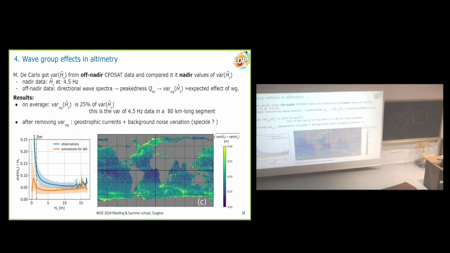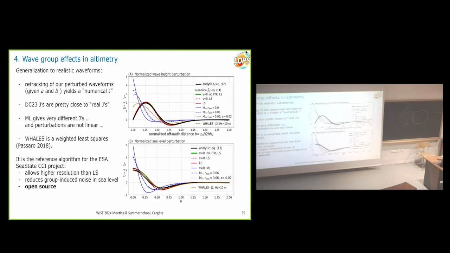You can actually now remove the wave groups and find the currents in SWIM CFOSAT altimeter data. This is a paper we published last year with Marine de Carlo. And I just want to comment that instead of doing it with this very simplified waveform, you can actually do that for real waveforms and more theoretically advanced waveforms, and also with the WALES retracker, which is a weighted least square average.